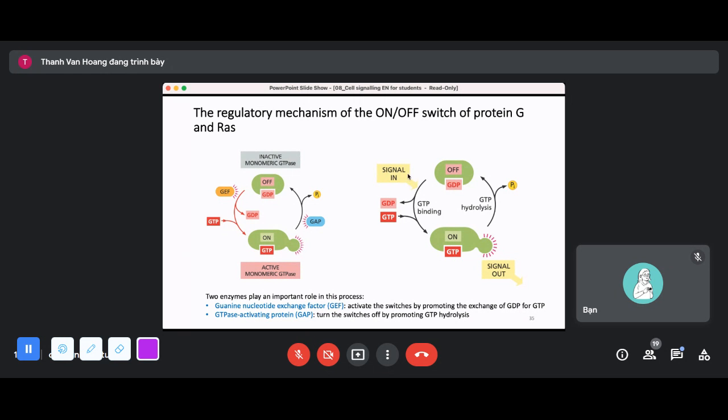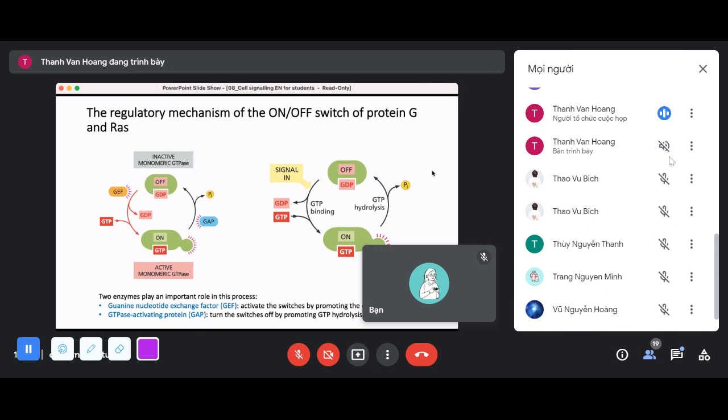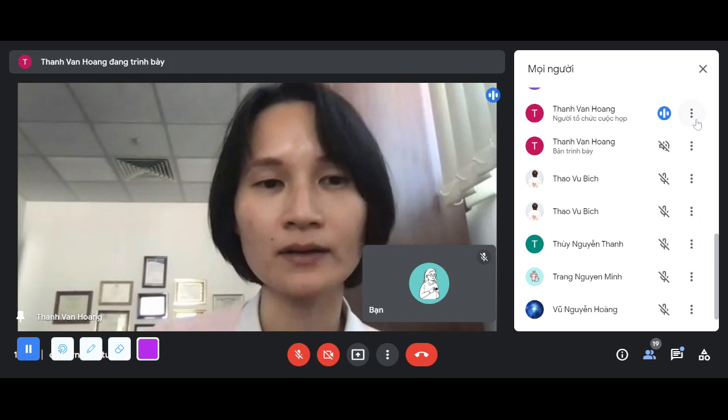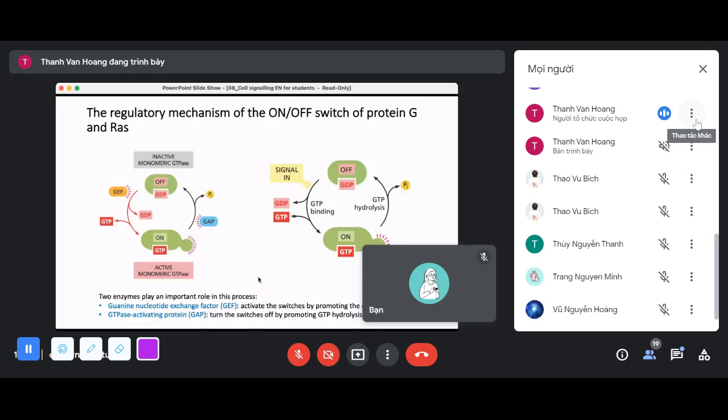Do you remember, when a signal comes in, the ligand binds to the G protein coupled receptor, then the alpha subunit releases GDP, so GTP can bind to the alpha subunit and it is activated. After that, GTP is hydrolyzed into GDP and it becomes inactivated again. So please, before the next lecture, have a quick look at this slide again, and then I will continue this part. We still have some more slides, and then we talk about tissue after that, okay?